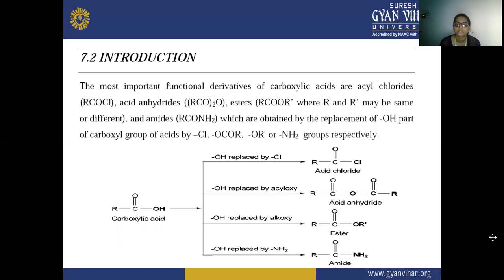After that, the OH group is replaced by the acyloxy group, and then there is a formation of the acid anhydride. When the OH group is replaced by the alkoxy group, that is OR, then it is an ester, and if the OH group is replaced by the NH2 part, then it is an amide.